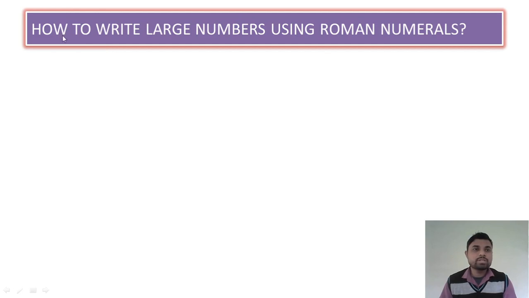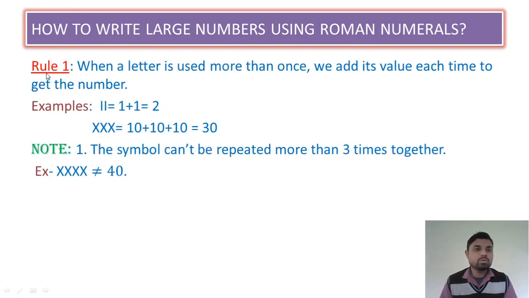Now, dear students, we will learn how to write large numbers using Roman numerals, using those 7 basic numerals. So here rule 1: when a letter is used more than once, we add its value each time to get the number. Suppose here I and I, that means 1 plus 1. I means 1, so 1 plus 1, 2.